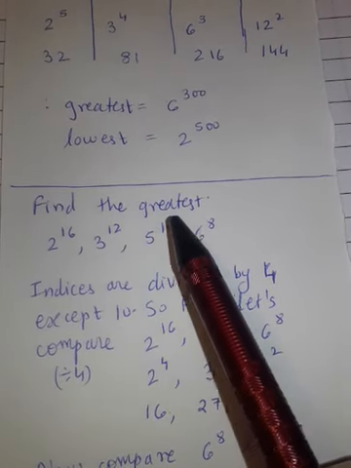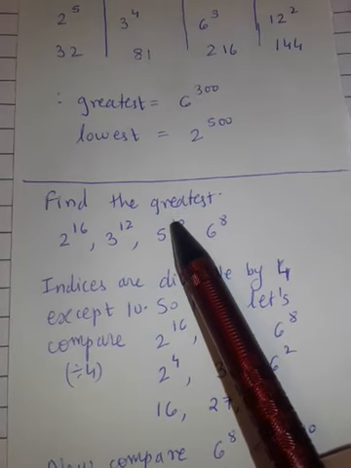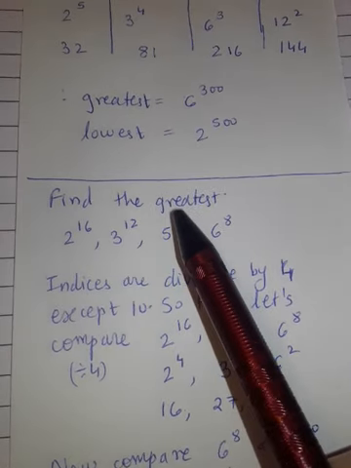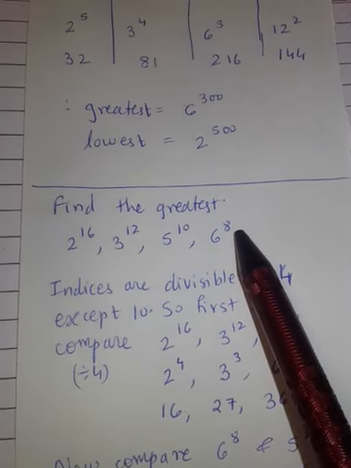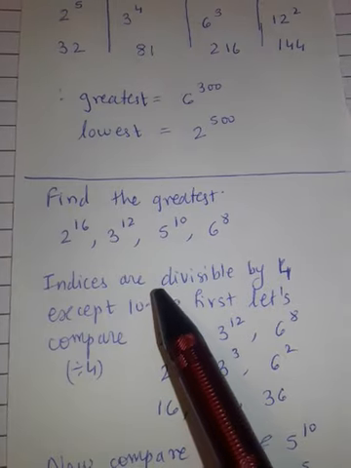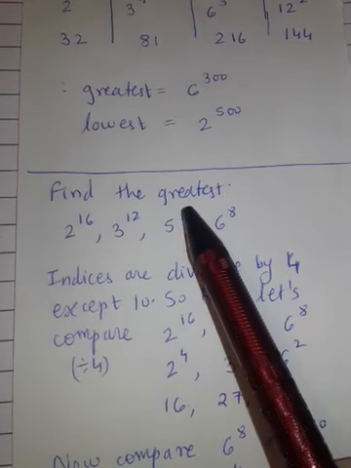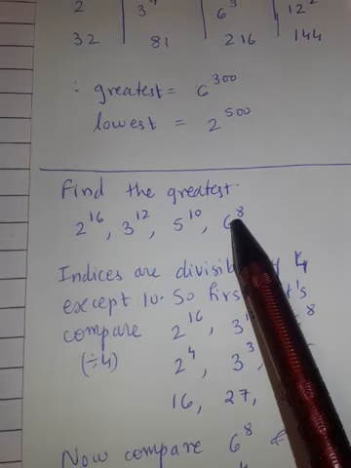If I ignore this 10 for the time being, look at the remaining indices 16, 12 and 8. They are all divisible by 4. Their highest common factor is 4. So first I am going to ignore this number and concentrate on the remaining 3.